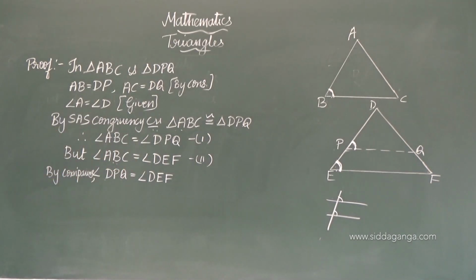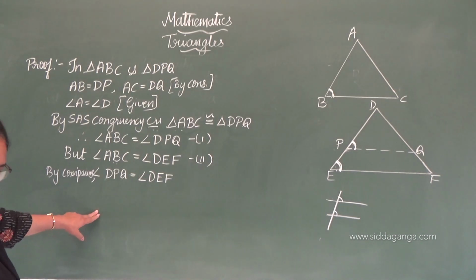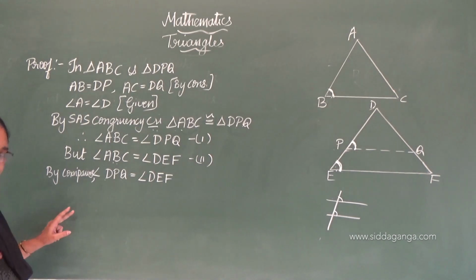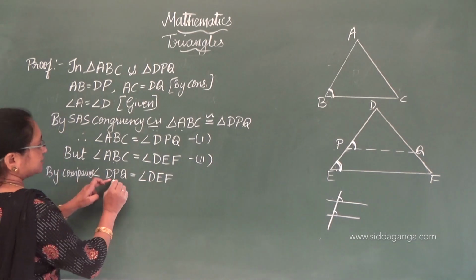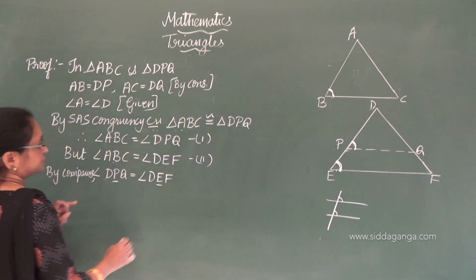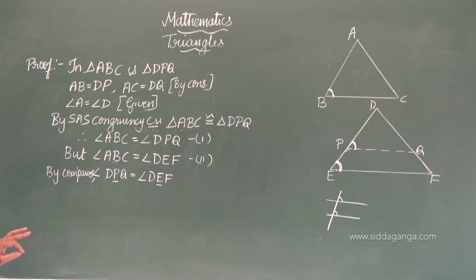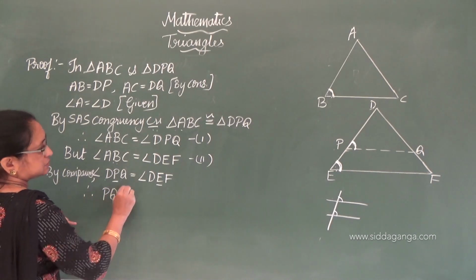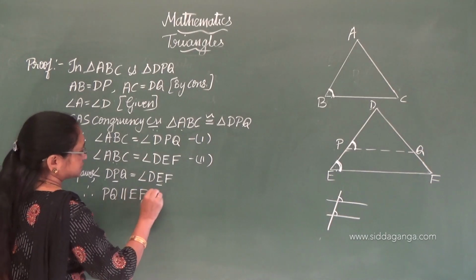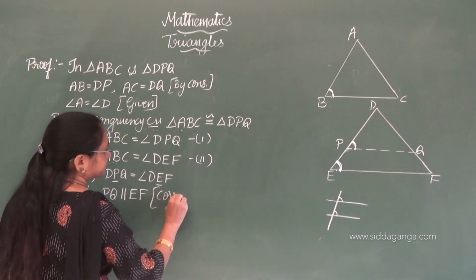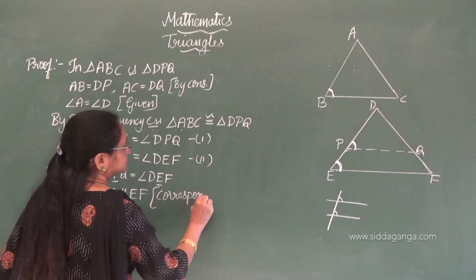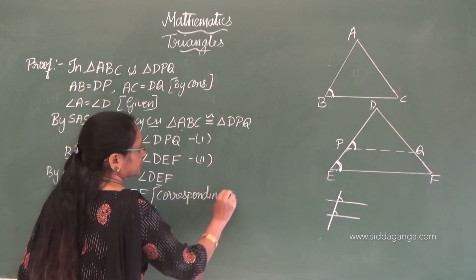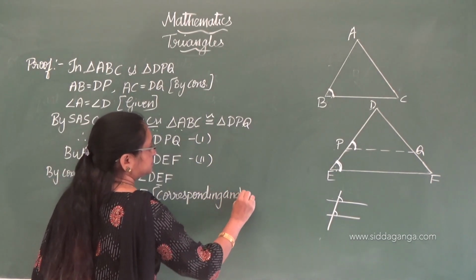So, where we stopped? We stopped here. Now, angle P is equal to angle E. Therefore, PQ is parallel to EF. Why? Because corresponding angles are equal.